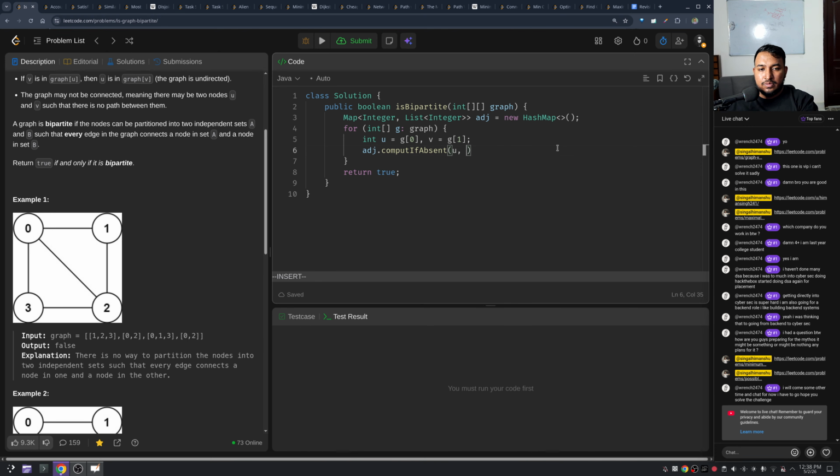New array list. So this is very similar to the last problem that we solved.